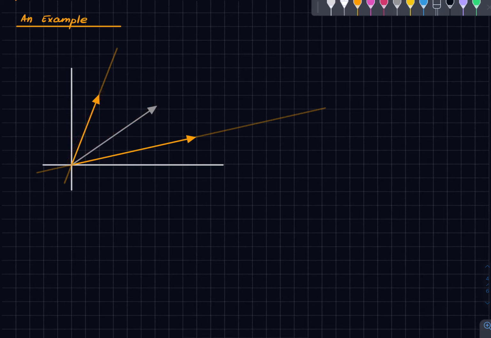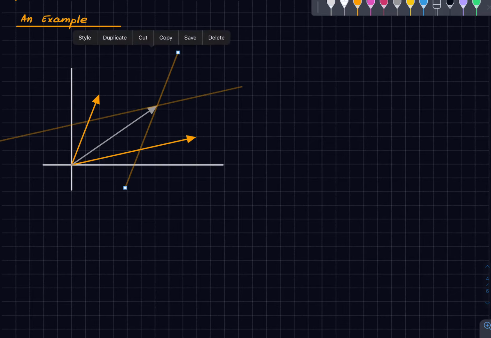Basically, we will draw a line passing through this vector parallel to this one, and a line passing through, again, this vector parallel to this one. And then continue. So first, let's do that. So this parallel line has been drawn, and that parallel line has been drawn, and they intersect here, and there.